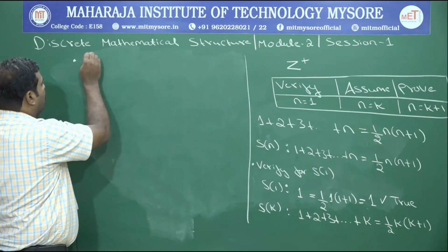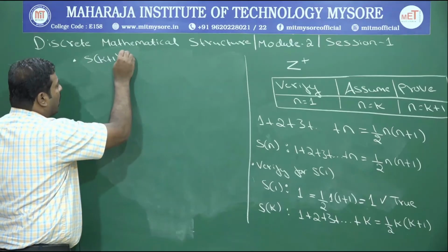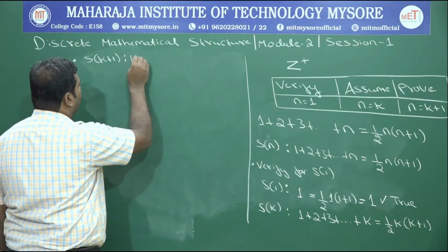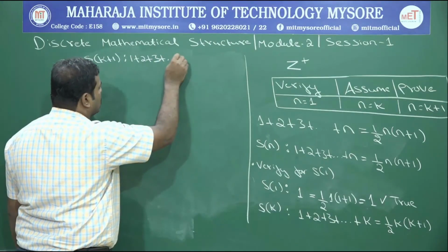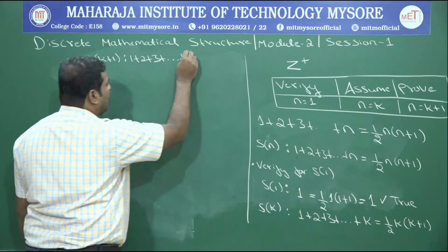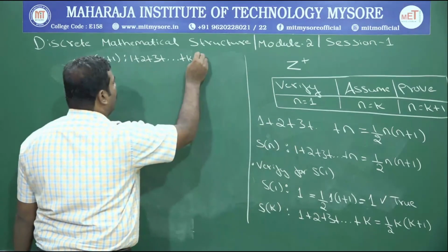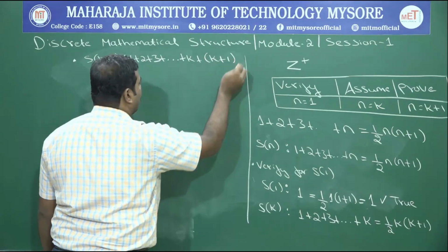So where I need to prove it for S of k plus 1. So S of k plus 1 is going to stand as 1 plus 2 plus 3 plus so on plus k. Along with the k, now I need to add one more element, which is going to be plus k plus 1.